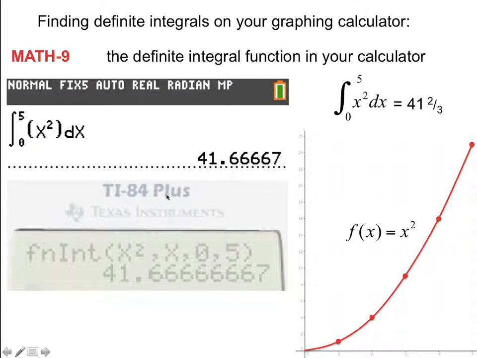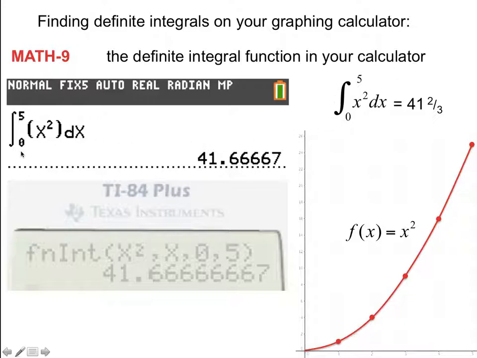I have two different displays here. One is a display that you find on most newer calculators, and one is a display that you find on older calculators. The newer 84s have what we call MathPrint. MathPrint allows you to put things in that look a lot like how we would write them in calculus.